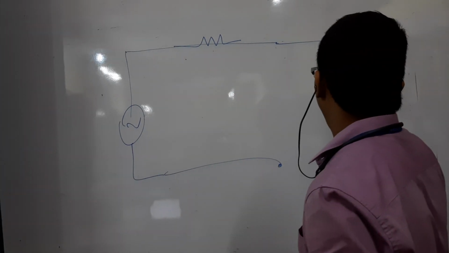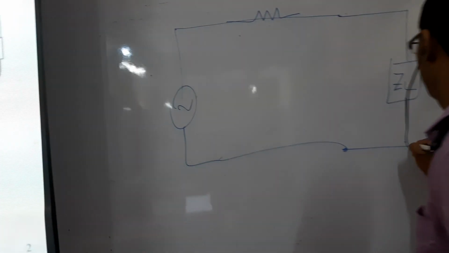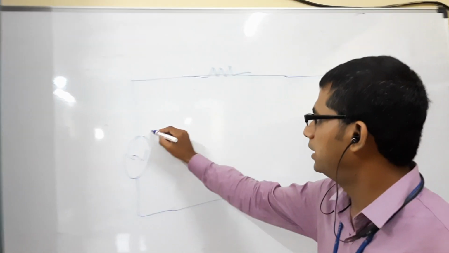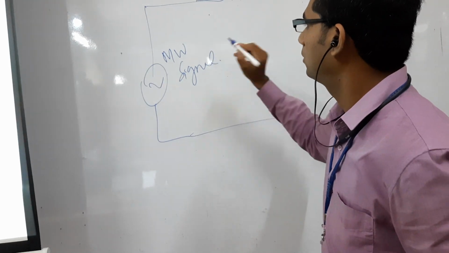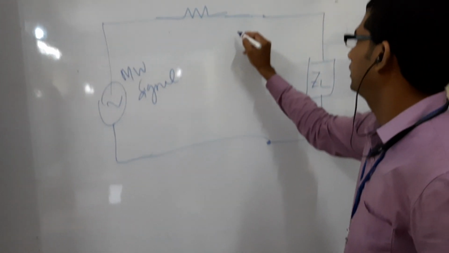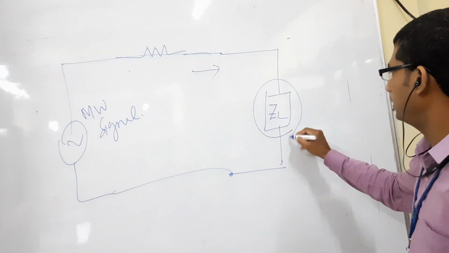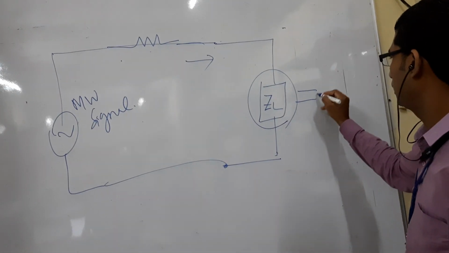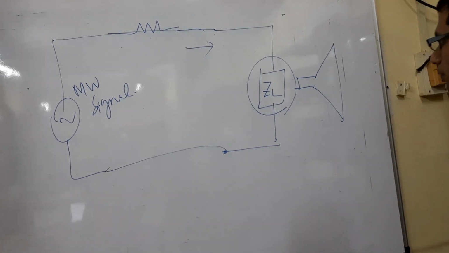Then it is terminated with a load. Suppose the microwave is generated. Now you want to transmit it. This load can be, you imagine an antenna. You imagine an antenna as a load.